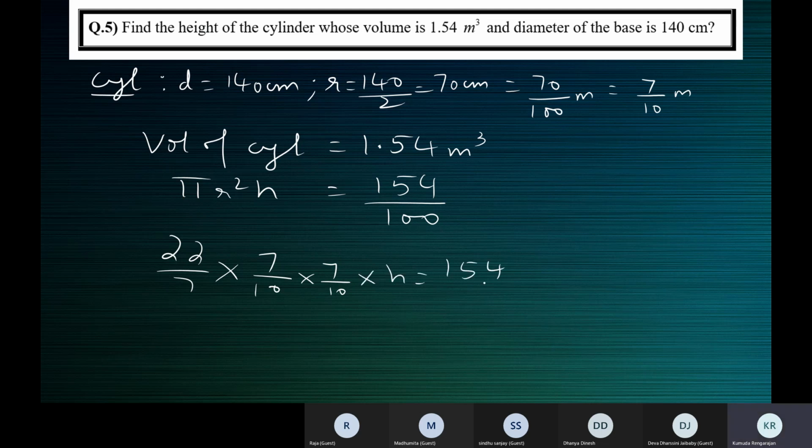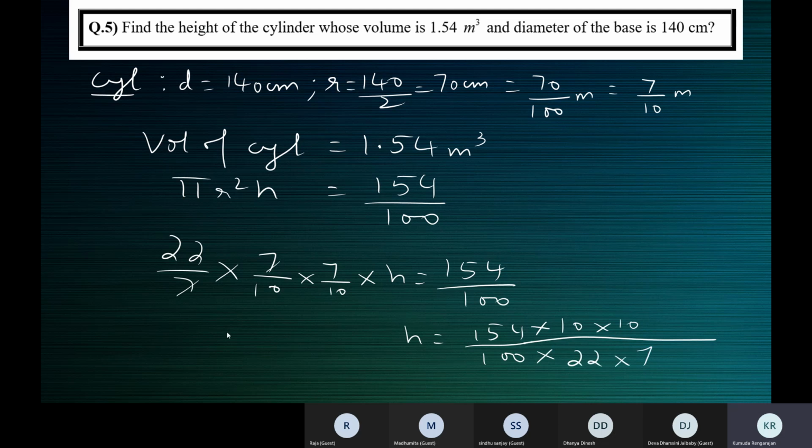Is equal to 154 by 100. We can cancel the 7 and 7 here. So h is equal to 154 by 100. What all will go up to the numerator? The two tens will go up to the numerator. And in the denominator, you will have 22 and 7. I hope you understand. The two tens here will go up to the numerator on the other side.